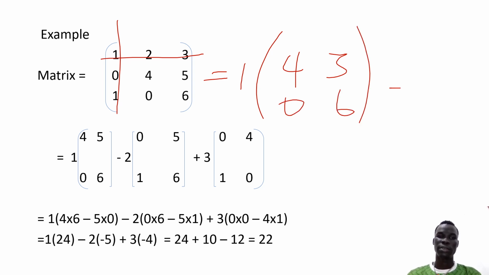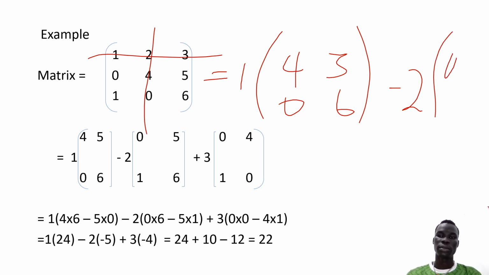Then minus 2, you remove column 2, row 1. Then it's going to be 0, 1, 0, 6.